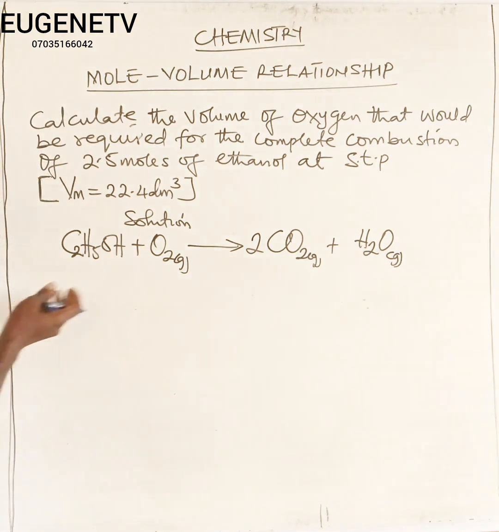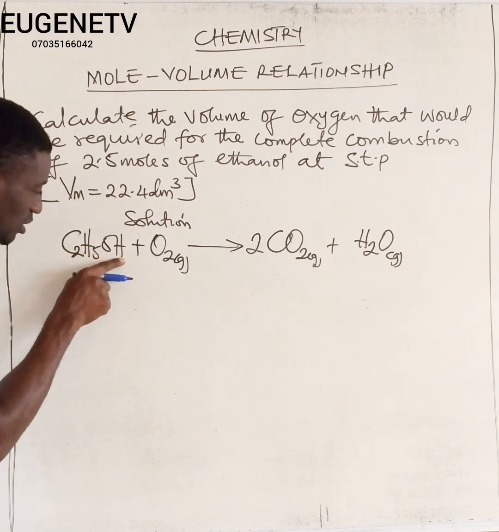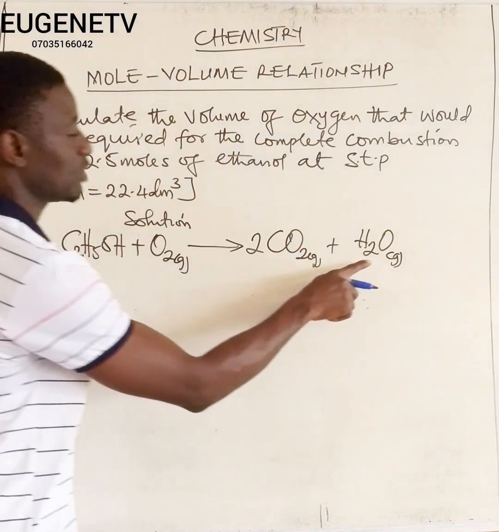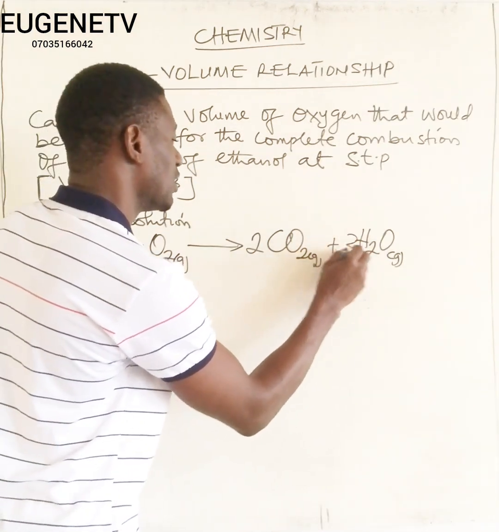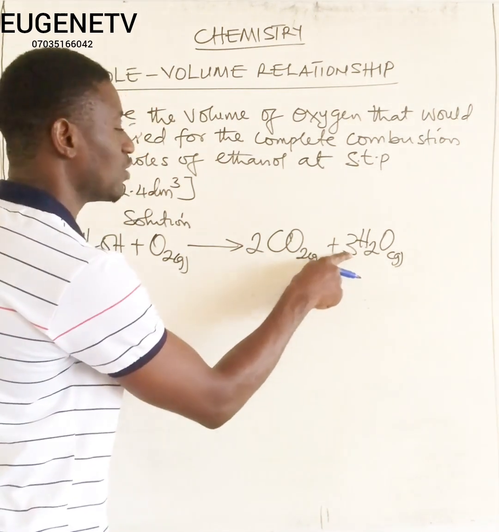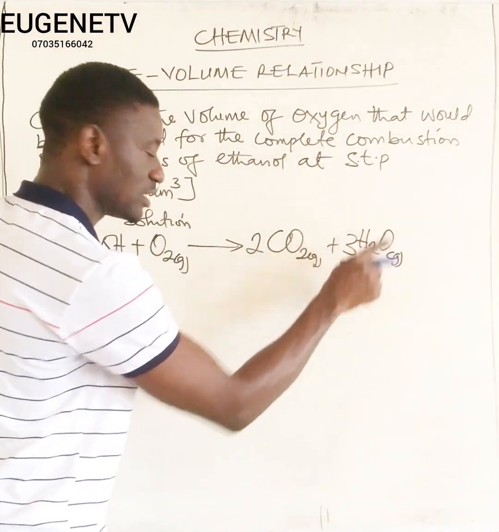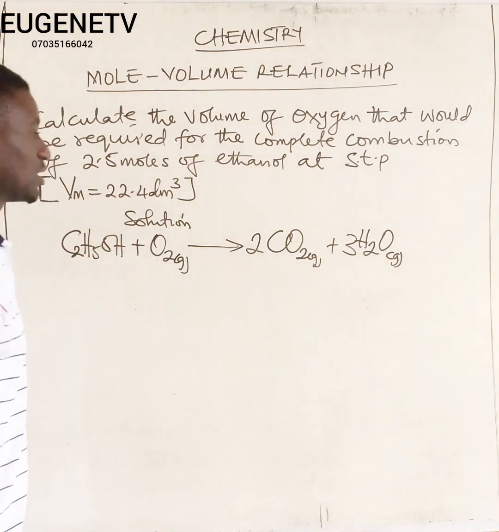We have 6 hydrogen atoms on the left: 5 hydrogen atoms plus this one, making it 6. Whereas we have only 2 hydrogen atoms on the right. So we need to put 3 here in order to balance for hydrogen. Putting 3 here means we have 3 times 2 hydrogen, making it 6.